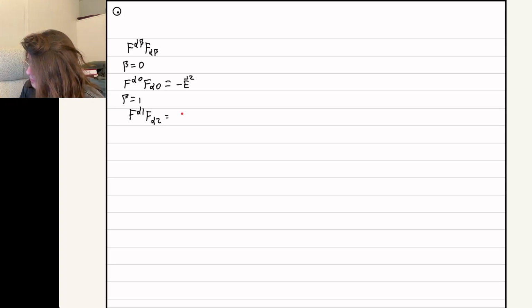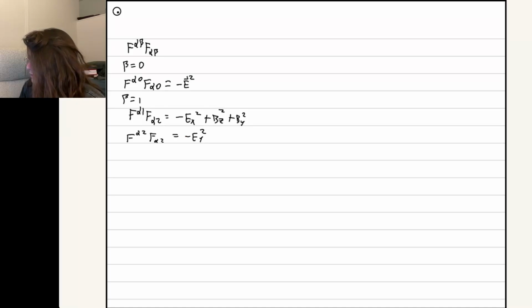Those look like minus Ex squared plus Bz squared plus By squared. Okay, and then running over β equals 2, we have minus Ey squared, and then a Bz squared, and then a Bx squared. And then the final column, I just have minus Ez squared plus By squared plus Bx squared.